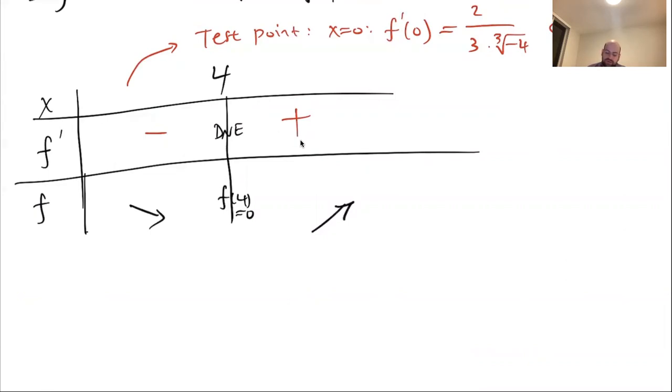Okay, but now one difference with the previous problems is that 4 is a 0 of denominator for f prime, which means limit of f prime at 4 is infinity or minus infinity, although limit of f at 4 is not infinity or minus infinity.